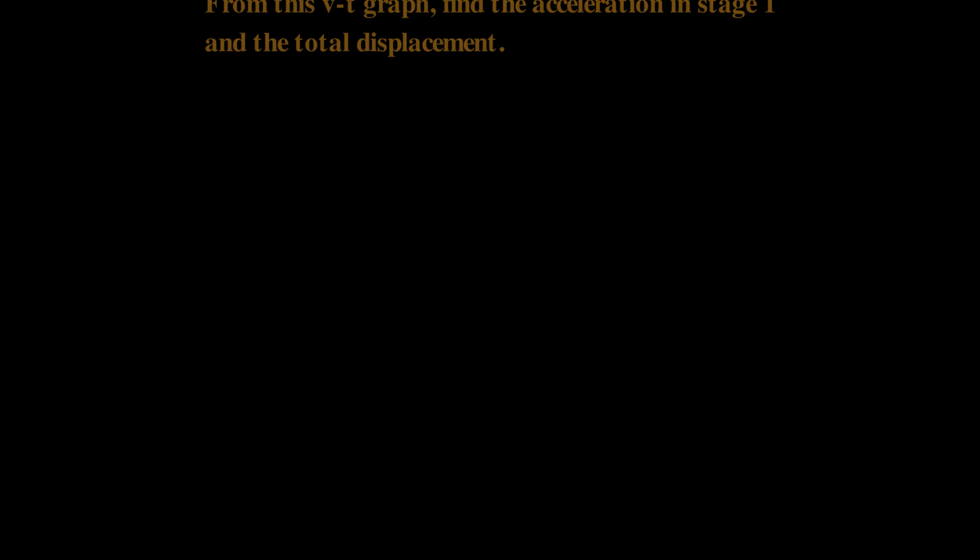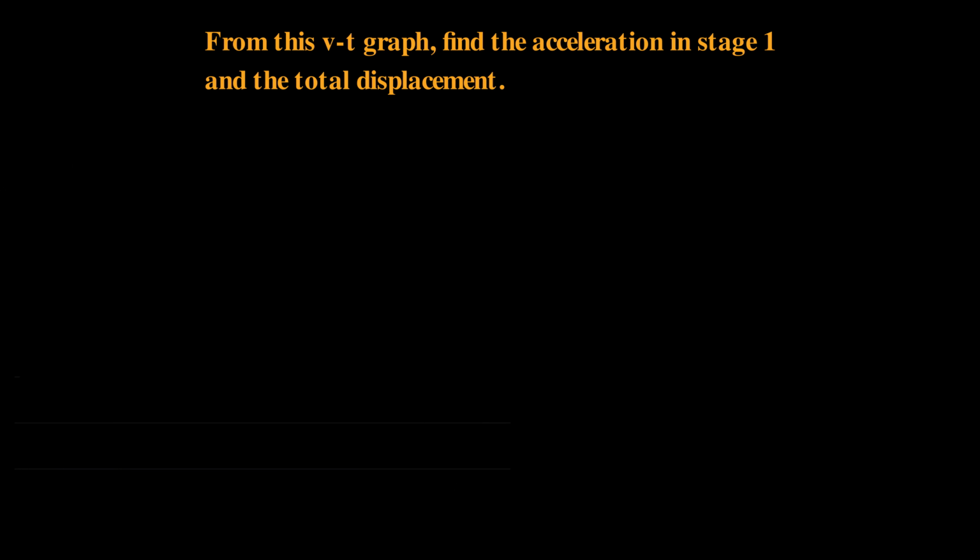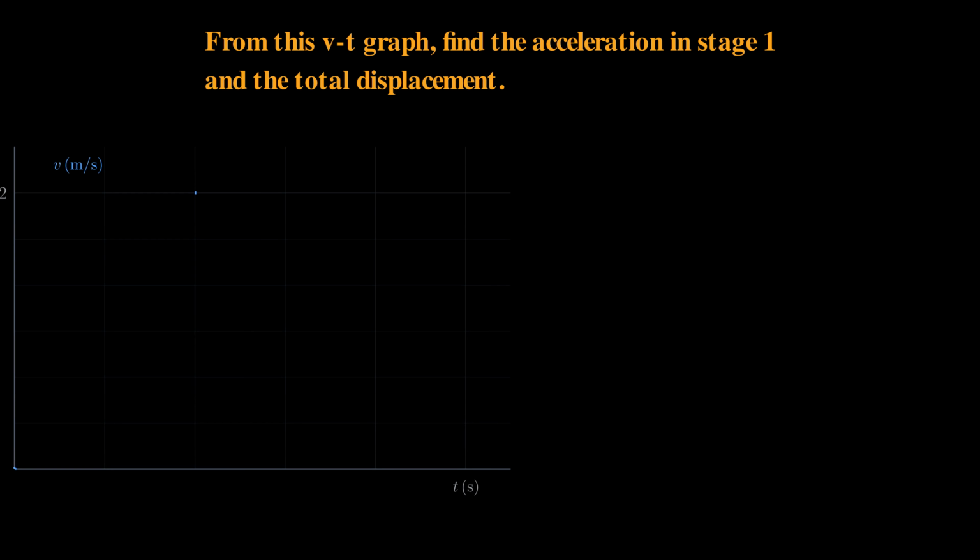Number 4 is graph-based, and it rewards the two rules we built. A body speeds up for 4 seconds, then cruises at a steady 12 meters per second for another 6. From the graph, find the acceleration in the first stage and the total displacement.